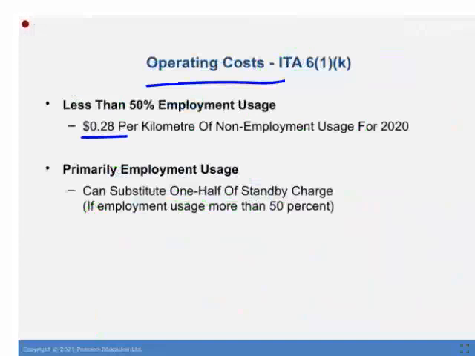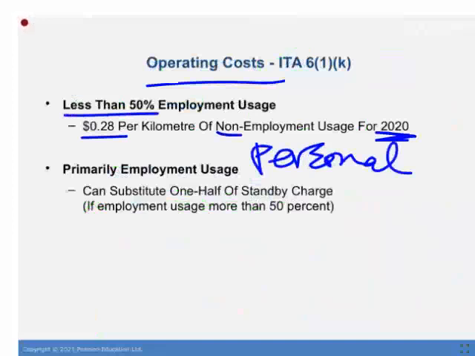And this is a set rate each year. For all the questions we're doing, we're going to be calculating things for 2020. So the rate for 2020 is 28 cents per kilometer of non-employment usage. So in other words, personal.